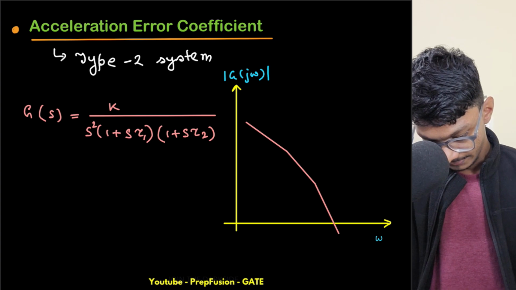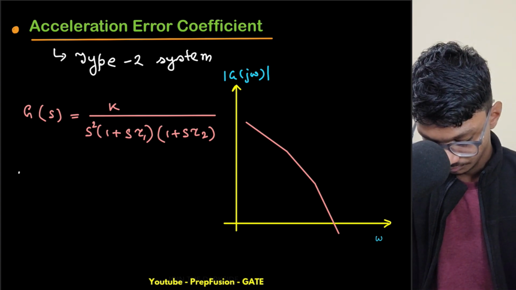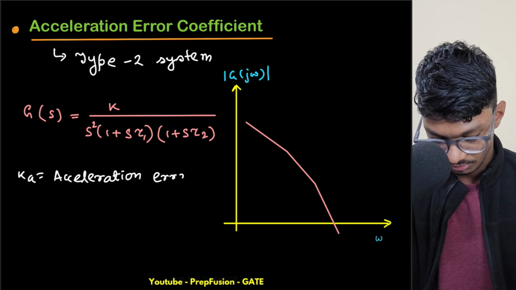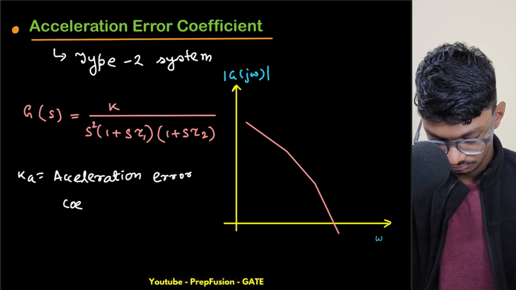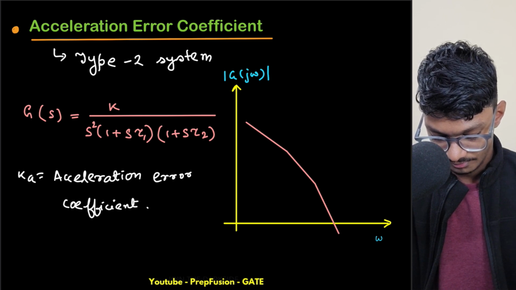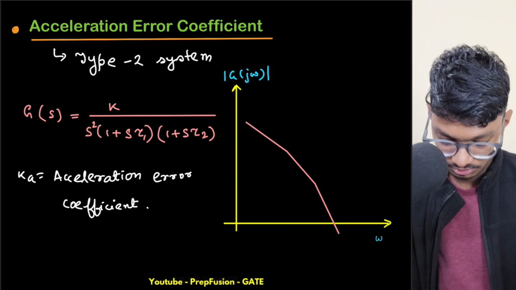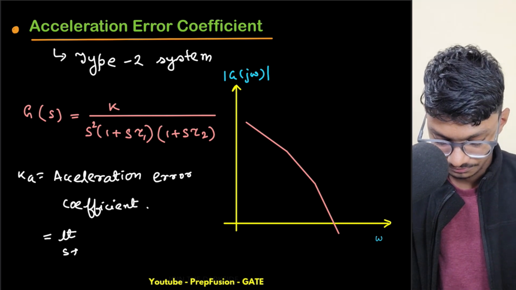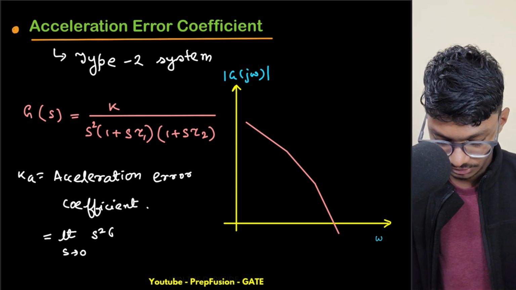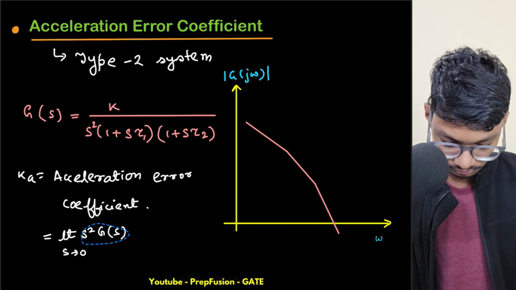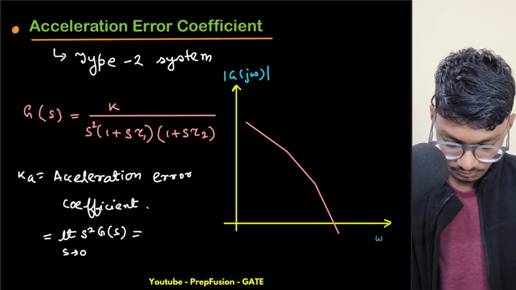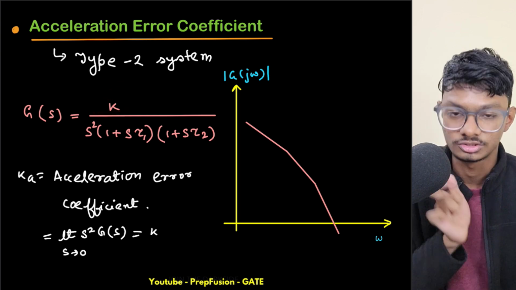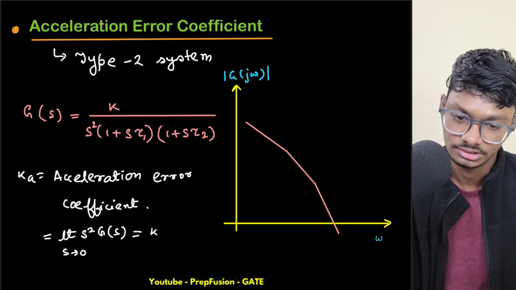Ka is defined as the limit as s tends to 0 of s square G of s, which equals k itself, because if you multiply by s square and put s equals 0, this term we can ignore, and k by 1 times 1 remains. So this is k itself, equal to Ka.